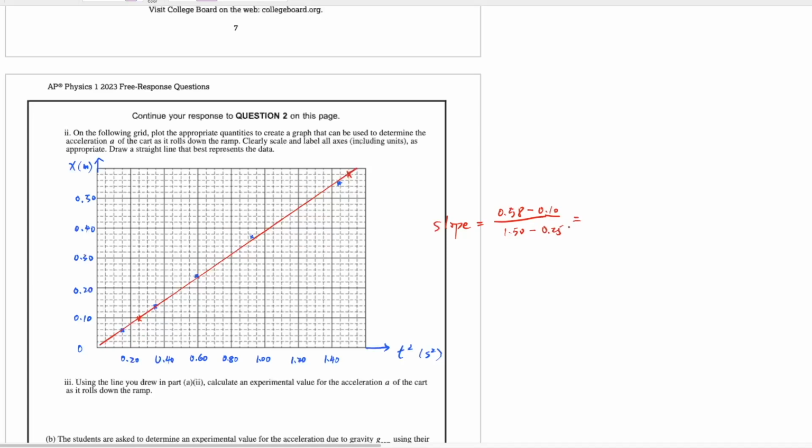So this is 0.48 divided by 1.25. So we have 0.384 for the slope. And we know slope equals 1/2 a. So a is 2 times 0.384. That is 0.768. So it's about 0.77 meters per second squared.